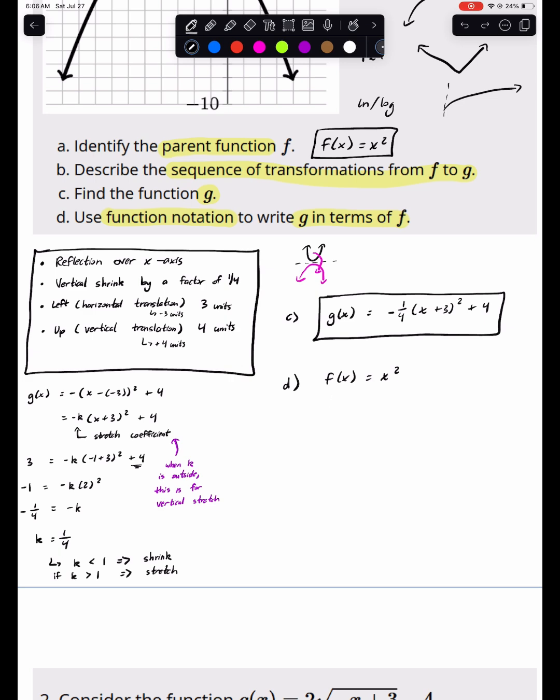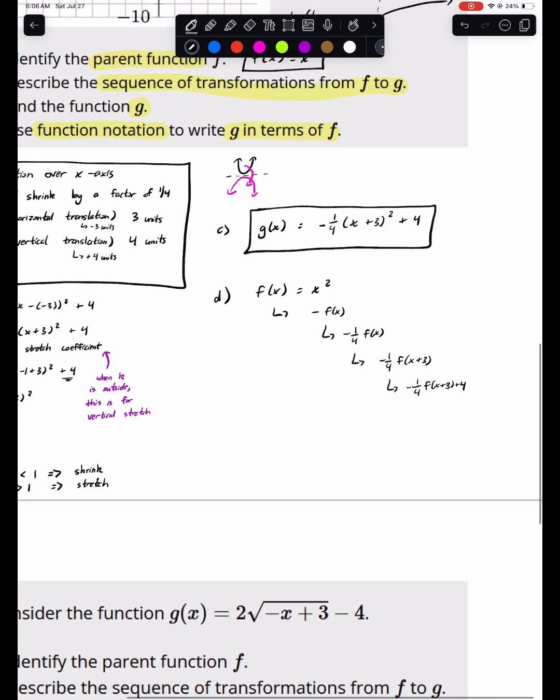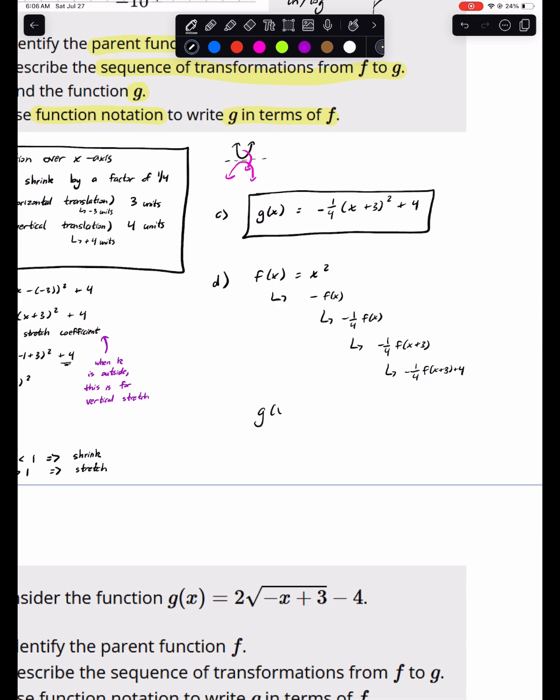After the first step, we get negative f of x, and then it becomes negative 1/4 f of x, and then negative 1/4 f of (x plus 3), and then negative 1/4 f of (x plus 3) plus 4. This means my g of x now is negative 1/4 f of (x plus 3) plus 4. That is part D.